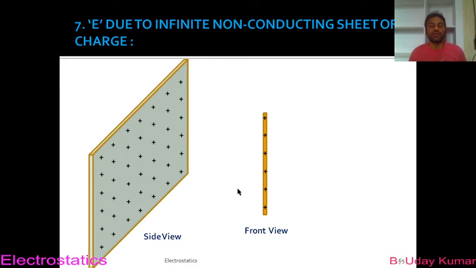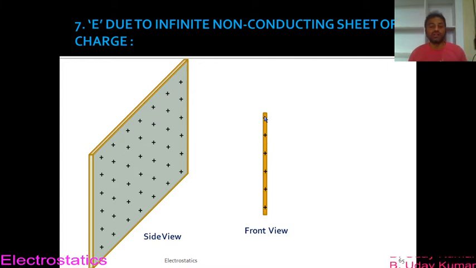Now it looks like a line, but not a line. Please check it out. It looks like a line charge, but it is not a line charge. It is a sheet of charge, but you are seeing it from the front.